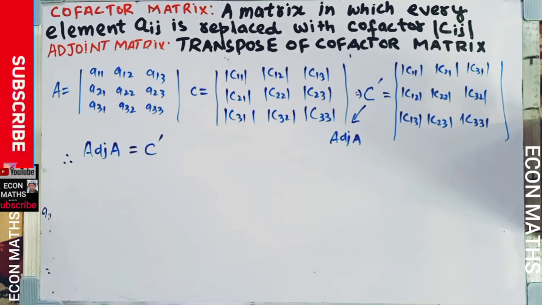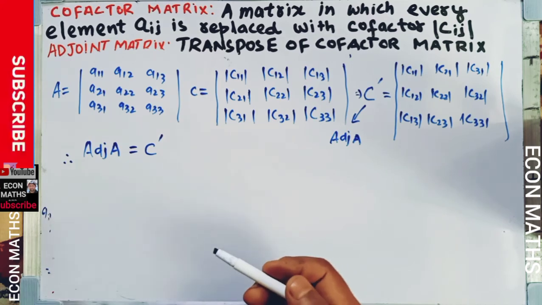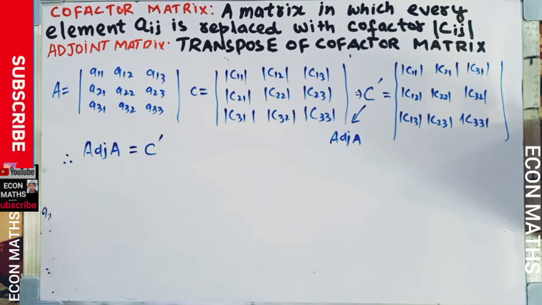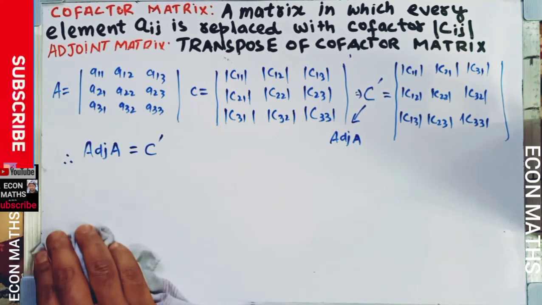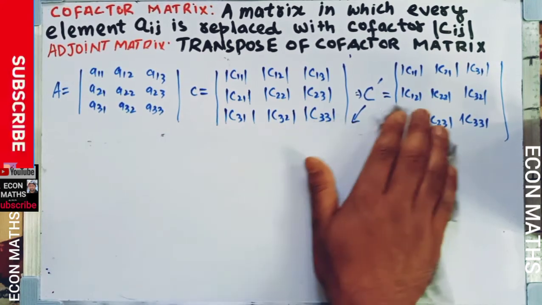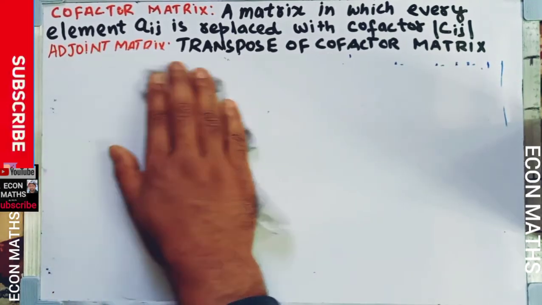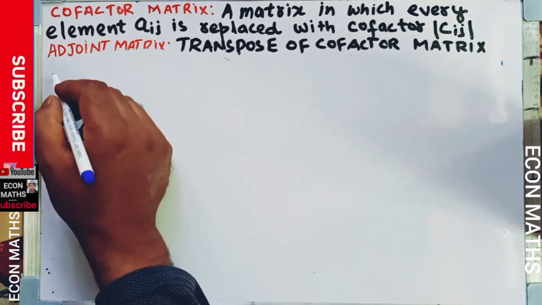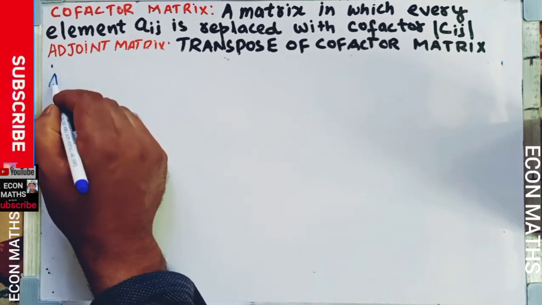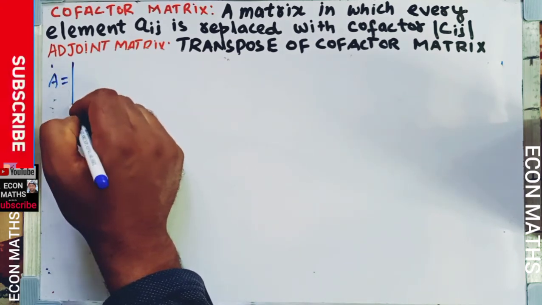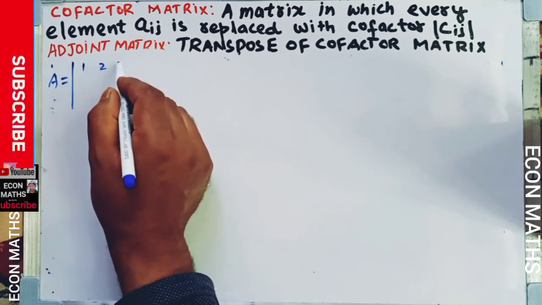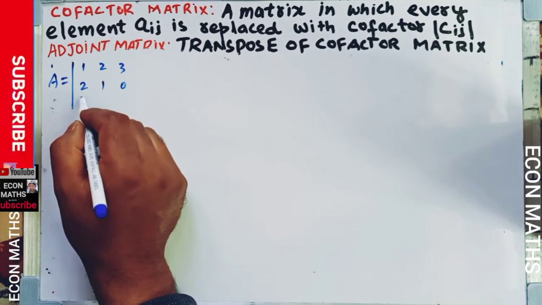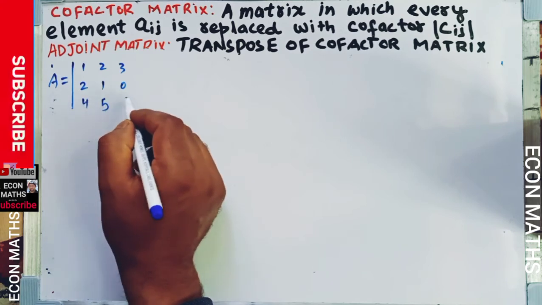Now we will give an example on the adjoint matrix. Let us take an example. I have a matrix like this: 1 2 3, 2 1 0, 4 5 2.